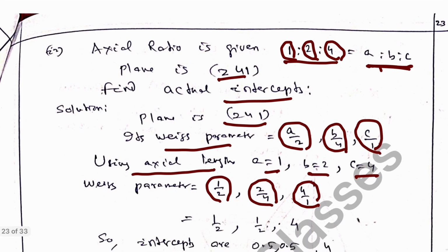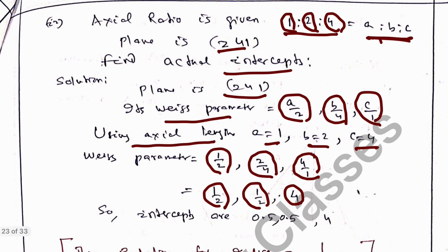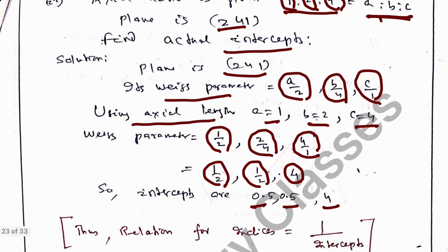That will be: a will be 1 by 2, b will be 2 by 4, which is equal to 1 by 2, and c will be 4 by 1, so it will be 4. So the intercepts are 0.5, 0.5 and 4 along the a, b and c axes.